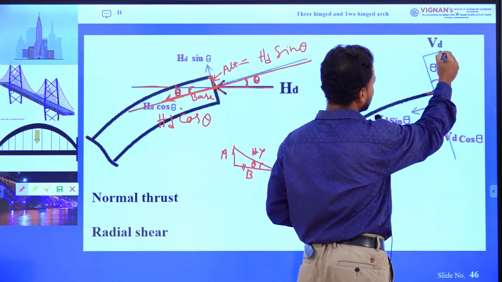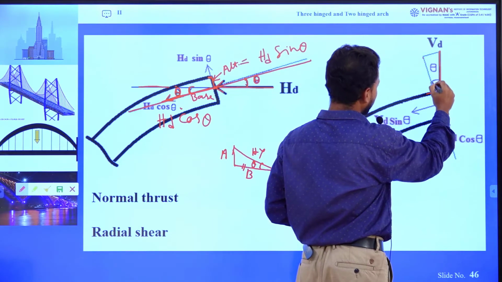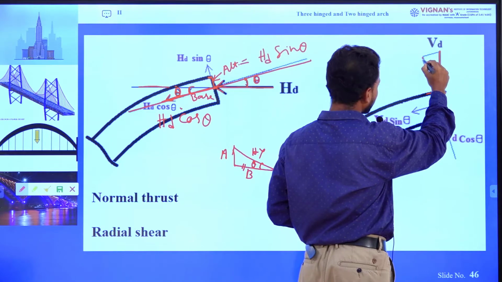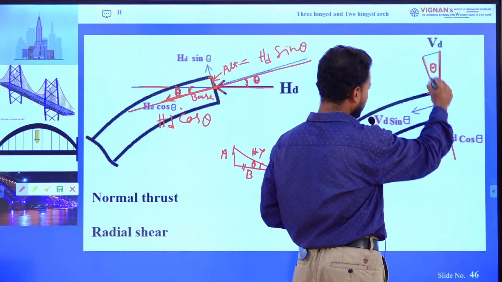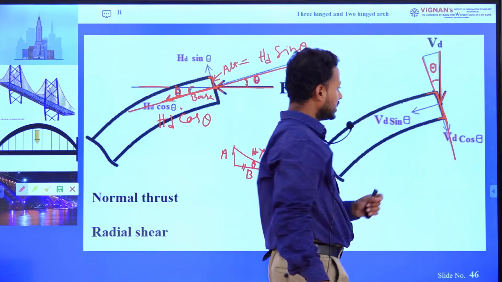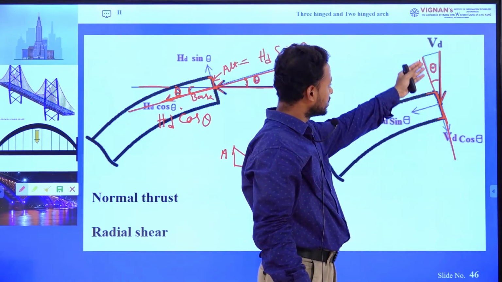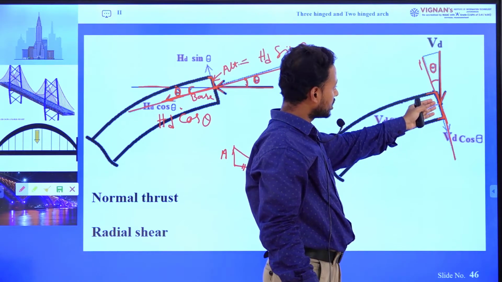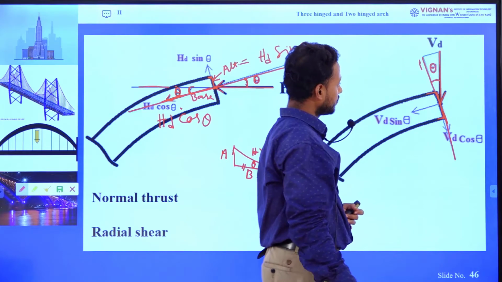See here, VD is working at angle theta with this plane. This is parallel to this cross section. Okay, this plane is parallel to this cross section. So with this cross section, VD is inclined at angle theta.